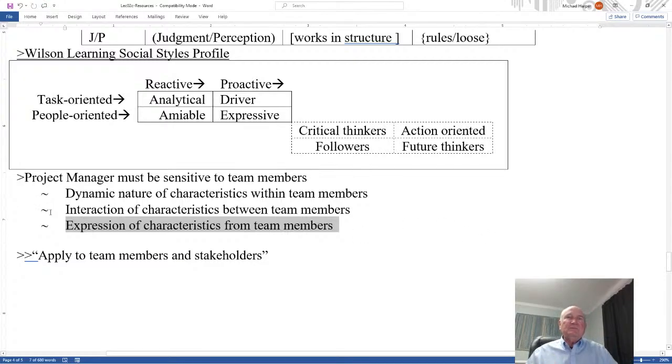The project manager must be sensitive to different team members expressing what they have a natural propensity toward, what they need to support, and how they need to shift and support an area where they're needed. An expression of these characteristics and also management of these characteristics.